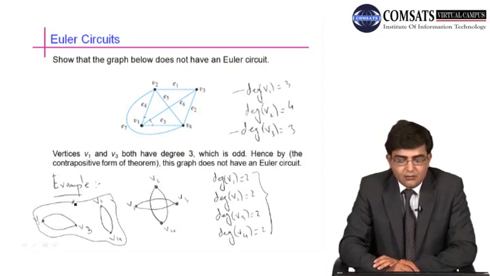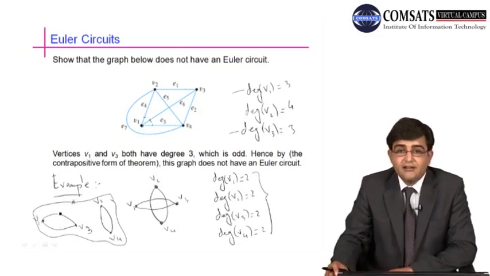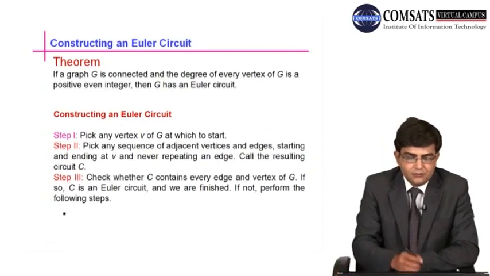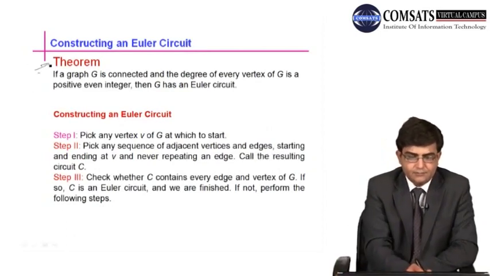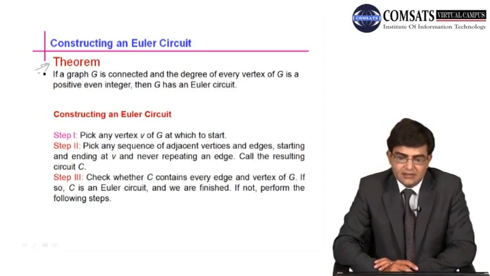So for an Euler circuit to exist in any graph, the graph must be connected. According to this theorem, if a graph G is connected and the degree of every vertex of G is a positive even integer, then G has an Euler circuit.